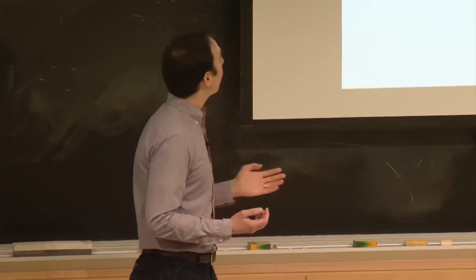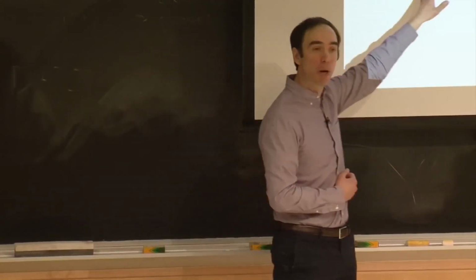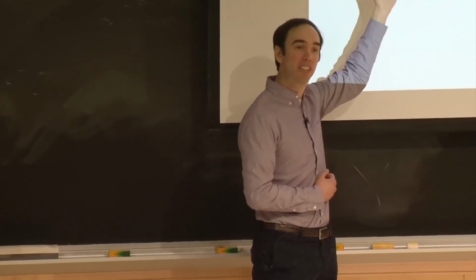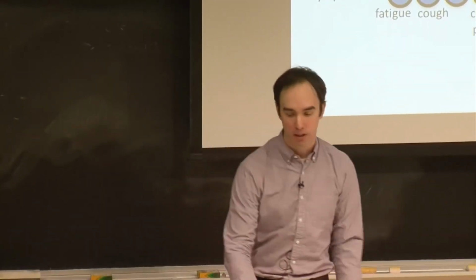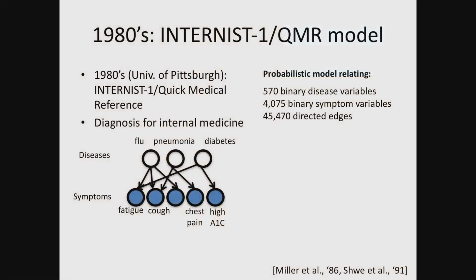And this algorithm would then take this model, take the symptoms that were reported for the patient, and try to do reasoning over what actually might be going on with that patient to figure out what the differential diagnosis is. There were over 40,000 edges connecting diseases to symptoms that those diseases were believed to have caused.